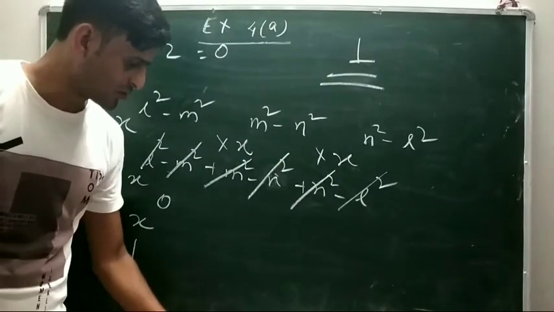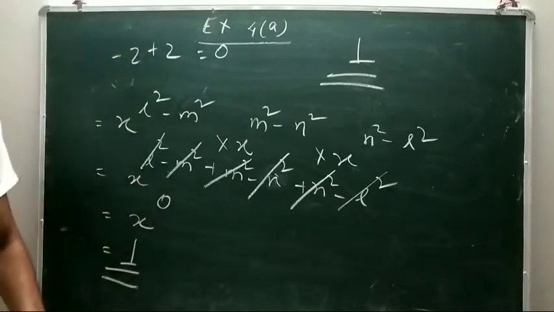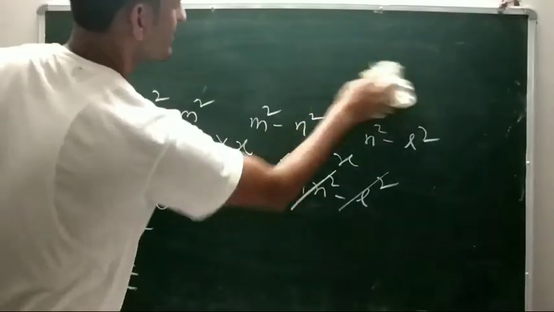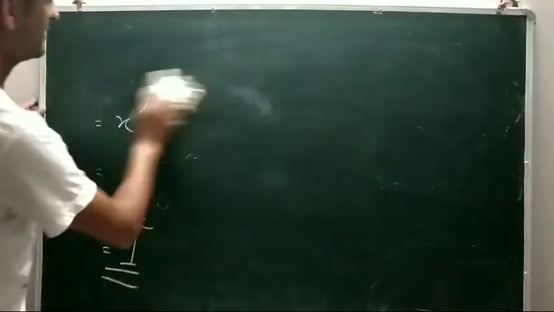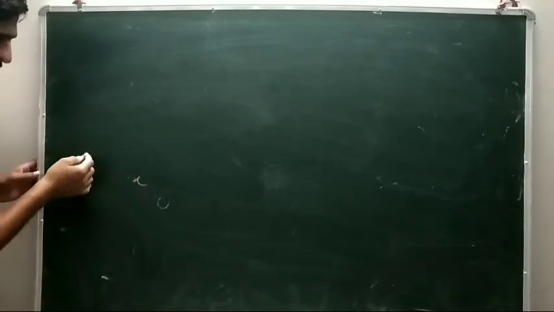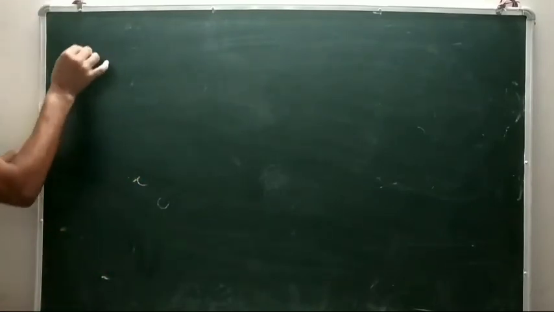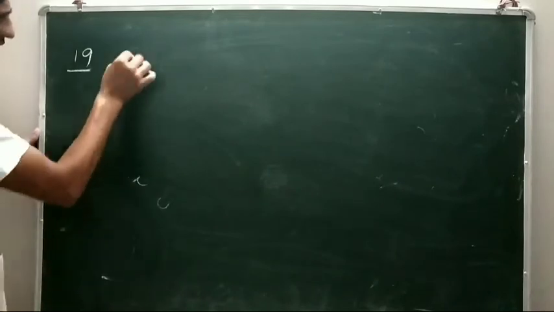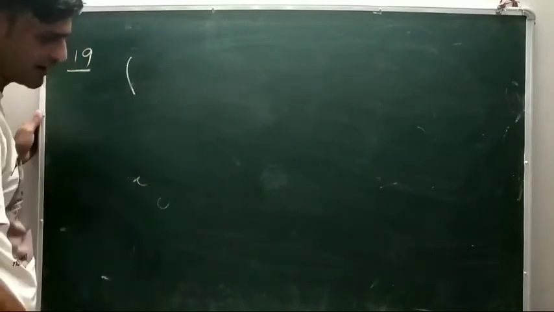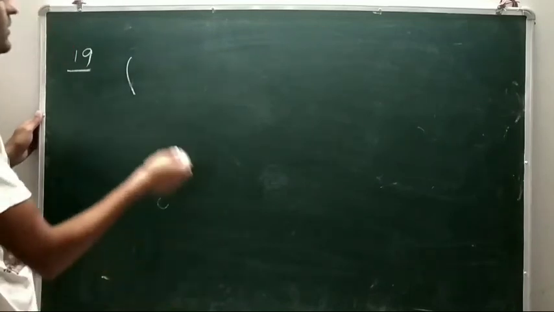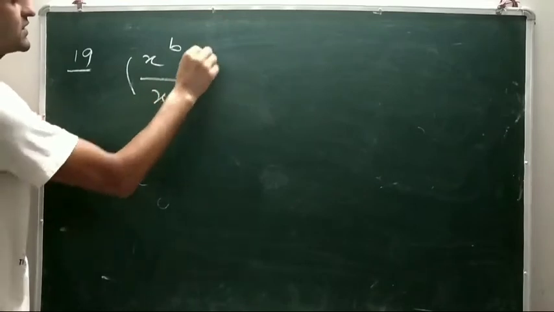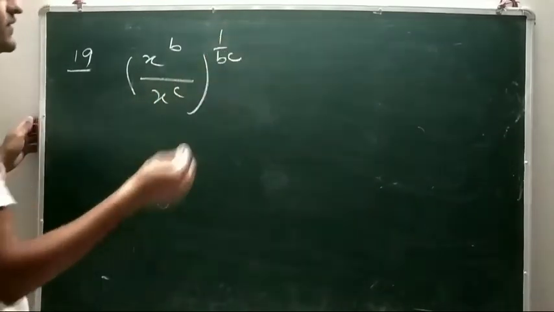Now let us move to question number 19. How will we solve question number 19? Let's see. Question number 19 is the same type of question as question number 16. Let's see it. x to the power b divided by x to the power c and the whole power is 1 by bc.